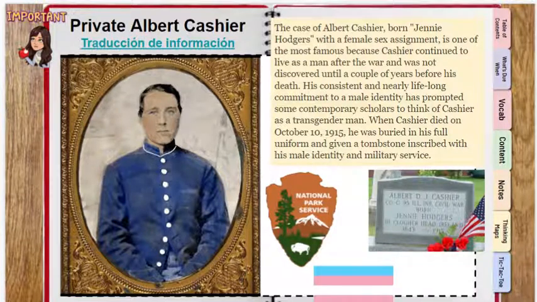He would be buried in full uniform, and his military rank and male name would be placed on his tombstone. So there's a lot of interesting links here about Private Albert Cashier, and then there's one about transgender people in the military today, if you want to look at more of the modern connection from Albert Cashier.